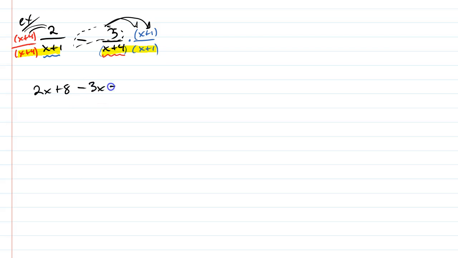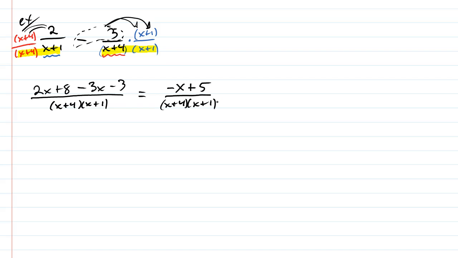Minus 3x minus 3. And the common denominator now is x plus 4, x plus 1. Combine like terms on the top, you get minus x plus 5 all over x plus 4, x plus 1. And looking at that right there, you're not going to have any factors that cancel out.